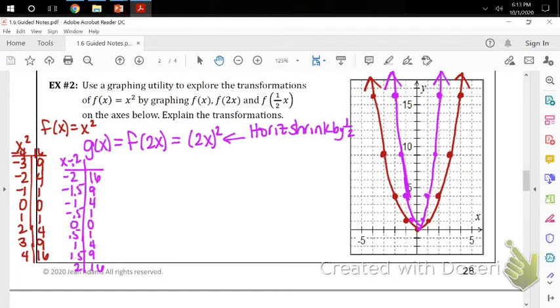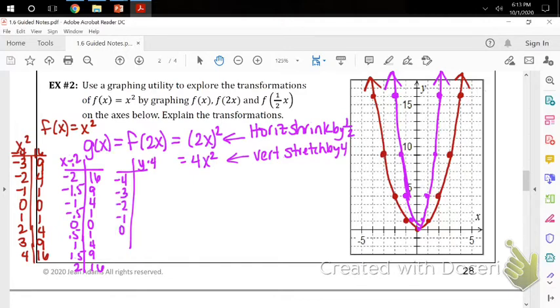Now, we could have also said, well, wait, 2x squared is 2x times 2x, which is 4x squared, which if I look at it like that, that would have meant it's going to be a vertical stretch by 4. It's going to look the same. Your table's going to be a little different because then this would mean y times 4. So I would have kept those original x's the same, but I'd have multiplied those y's by 4.